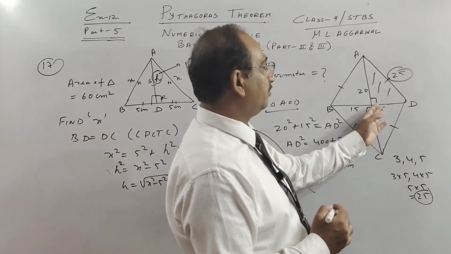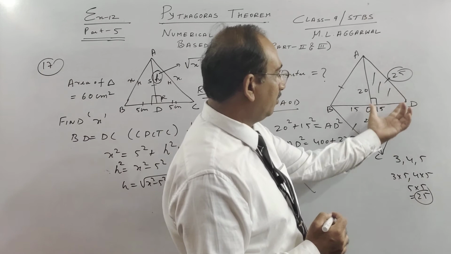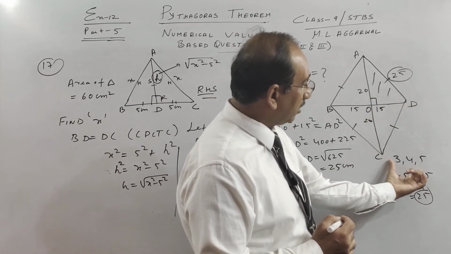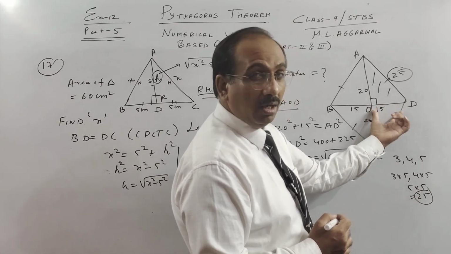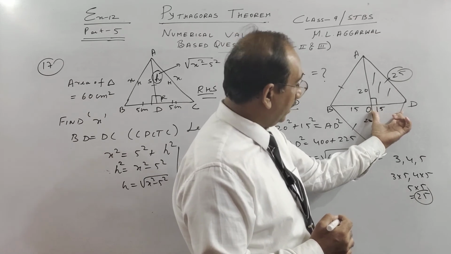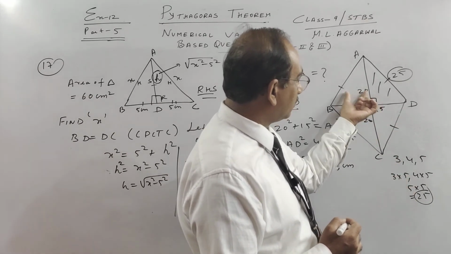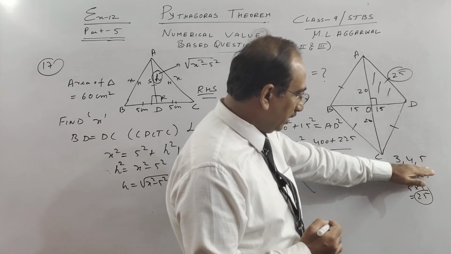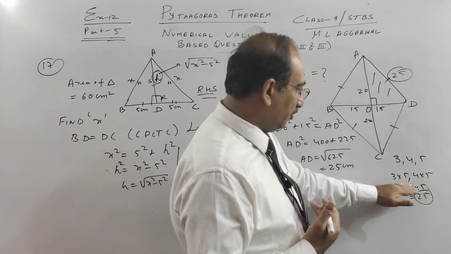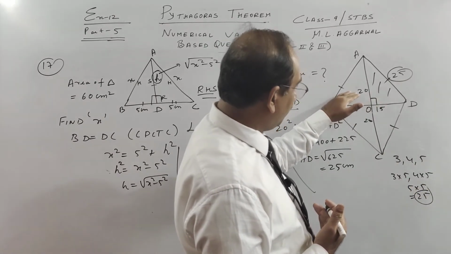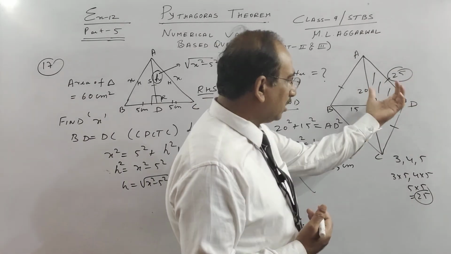Okay, so if this is 15, this is 20, this is 25. If you remember, a multiple of a Pythagoras triplet is also a triplet. Here this is 15, this is 20, this will be 25. Ultimately the base triplet is 3, 4, 5: 3 fives, 4 fives, 5 fives. So think about it.